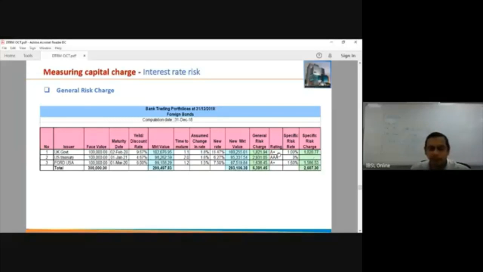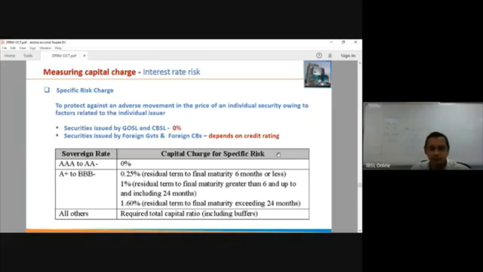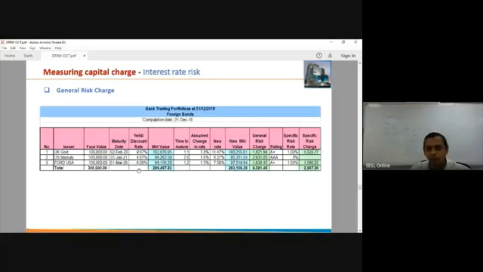So then again, you need to check the regulation. Right now, regulation says for a foreign government and central bank, if it's AAA to AA minus, rate is 0. We know for US government, it's a AAA rating, therefore specific risk charge is 0. Now we'll check UK government, the rating is A+.